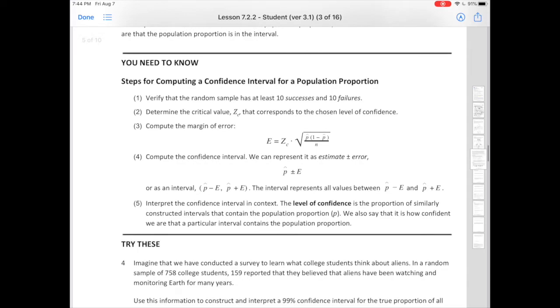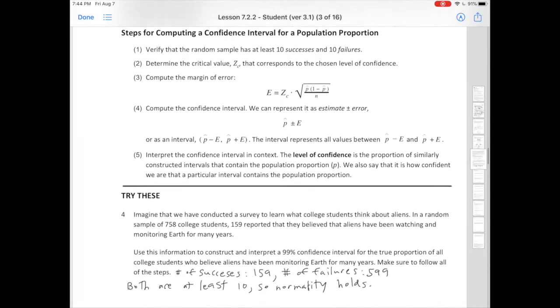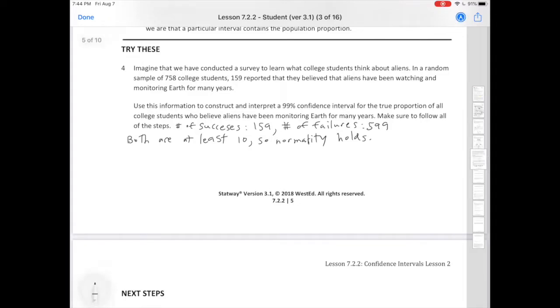Step 2, let's find p hat. Well, let me go above and make sure I'm saying it in the right order. It doesn't tell us to do that next, but we are going to need to do that for step 3. Let's go ahead and figure out what p hat is.